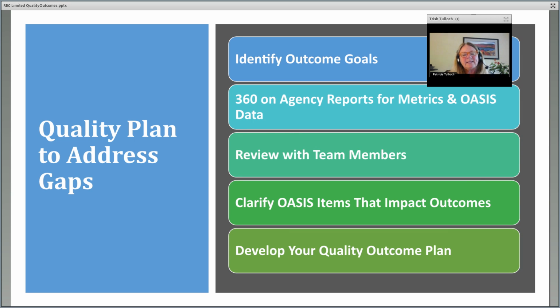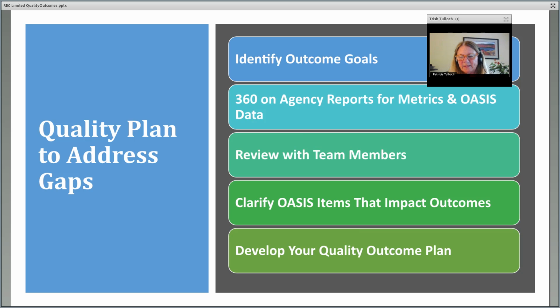So once you identify, you do your report 360 metrics, you identify your inconsistencies and your gaps, and then you review them with your clinical teams or your expert clinical teams. And they will quickly help you prioritize what can we change, look at, and standardize amongst our team members and develop your quality outcome plan.